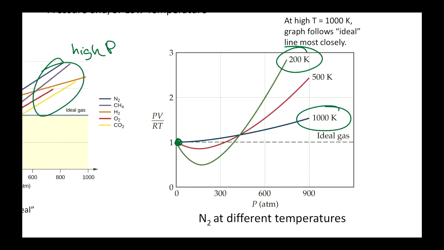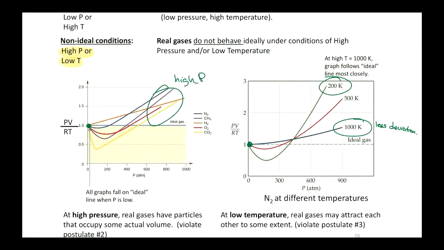No. The really hot sample deviates a little bit, but not as much as our really cold sample. So at 1000 Kelvin, there's less deviation. We can say that hot samples fall more in line with ideal conditions, so we're going to see less deviation. That explains why non-ideal conditions are high pressure or low temperature. Low temperature samples will deviate much, much more away from ideality.